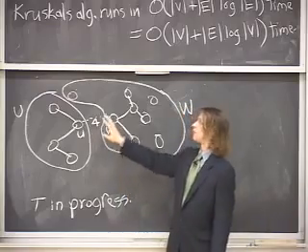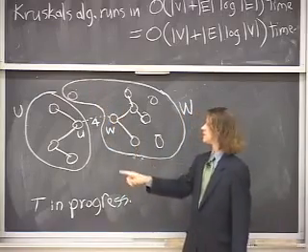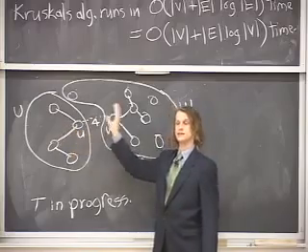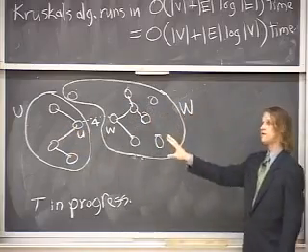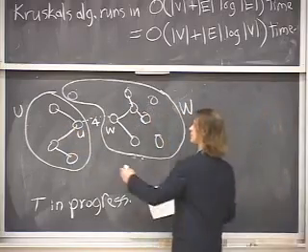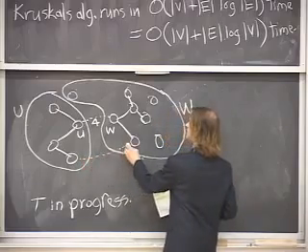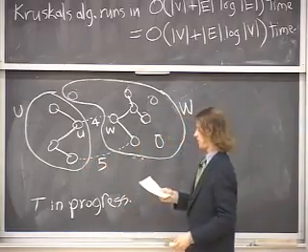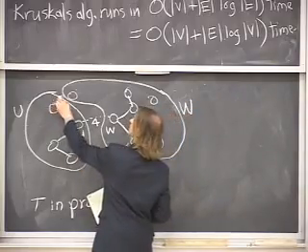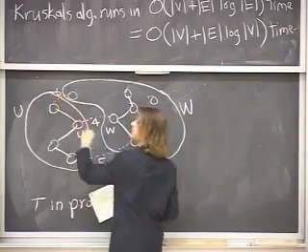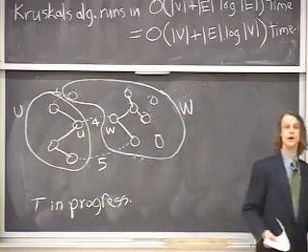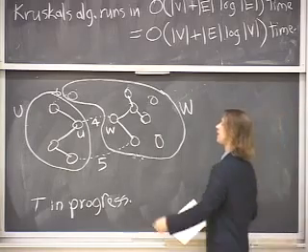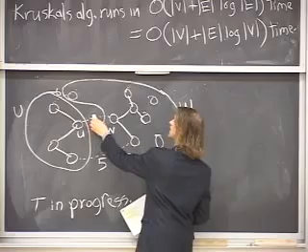Well, remember, I've sorted the edges by weight. So if this is the first edge that I've looked at that connects this set to this set, then all of the other edges that connect those two sets that I could consider instead have a weight at least as big as 4. So maybe there's an edge there with weight 5. Maybe there's an edge there with weight 6. Maybe there's even another edge with weight 4. That's okay. But the point is, it is always safe to choose this edge.